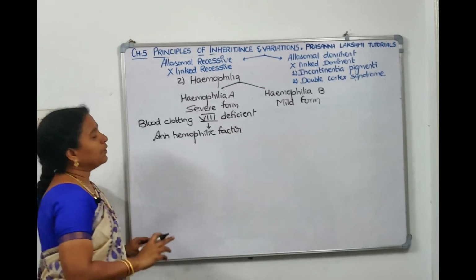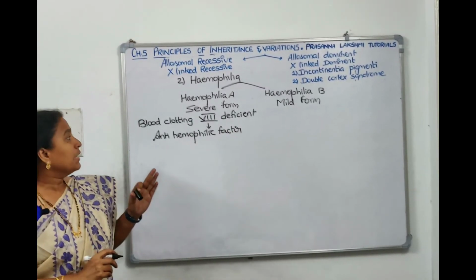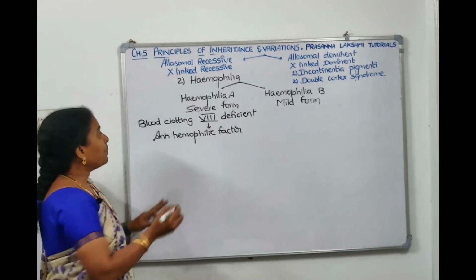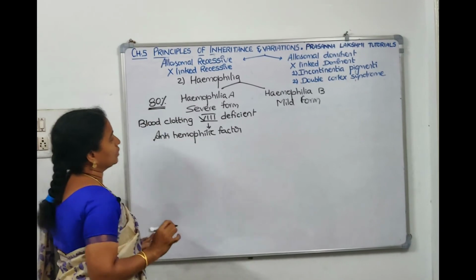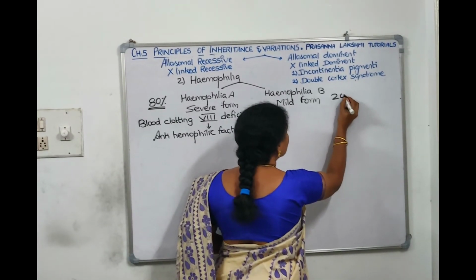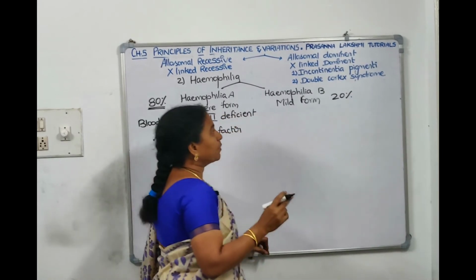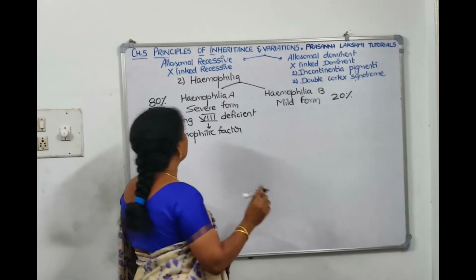When this anti-hemophilic factor is not synthesized, the cascade mechanism will not happen. It leads to hemophilia A. 80% of hemophilic people have this factor deficiency. Whereas hemophilia B, the mild form, accounts for 20% of hemophilic people. It is because of factor 9 deficiency.